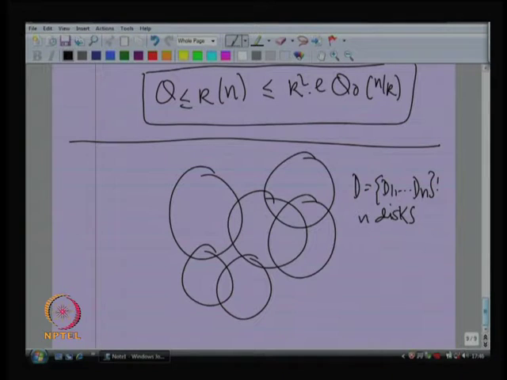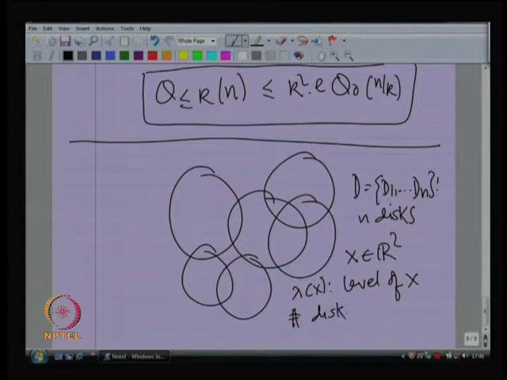And I will define the label of a point x as the number of disks that contain x in their interior.